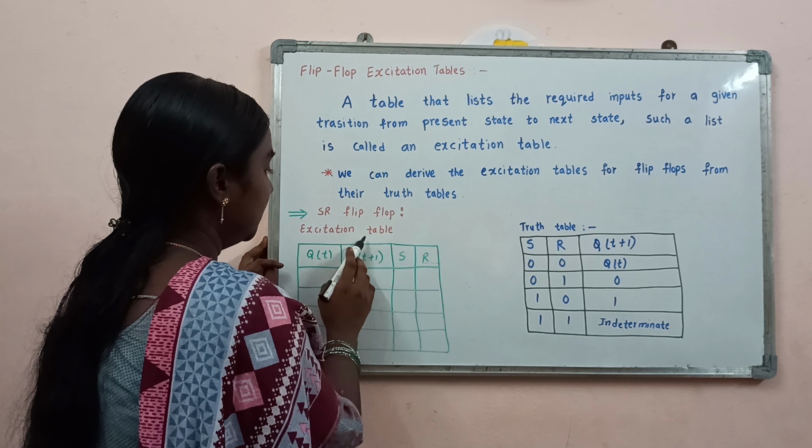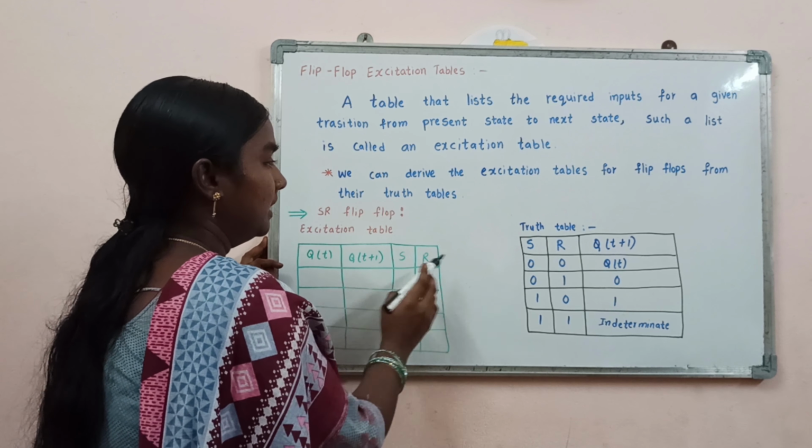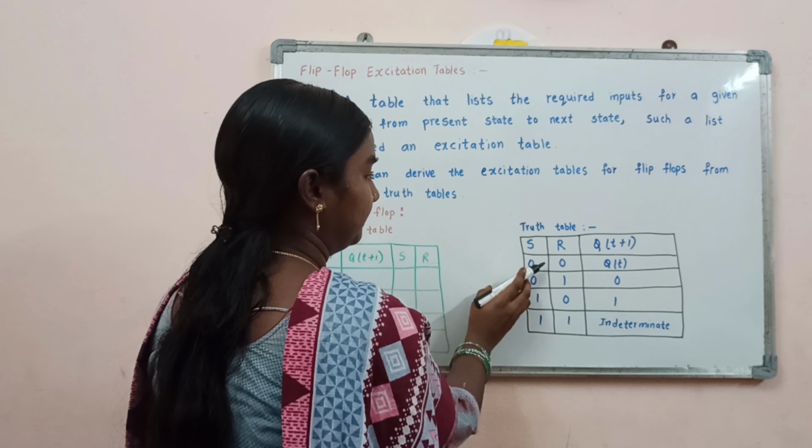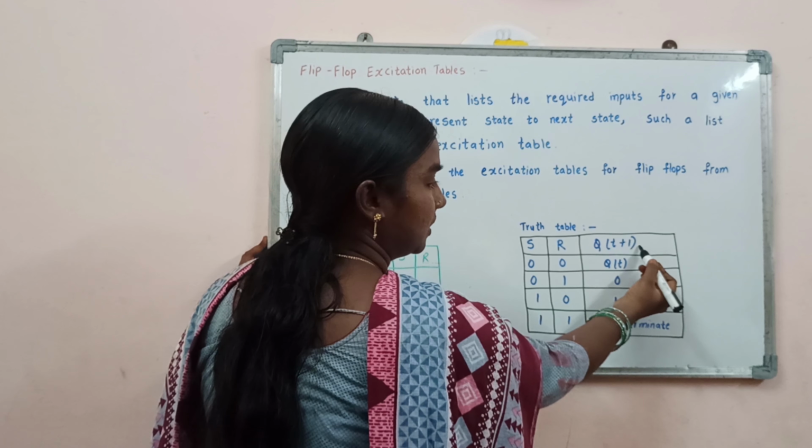This excitation table can be obtained by using the truth table of the SR flip-flop. Here also, this truth table consists of the set input pin, reset input pin and the output Q of t plus 1 after giving the clock pulse.